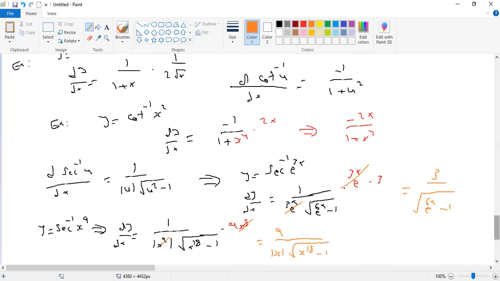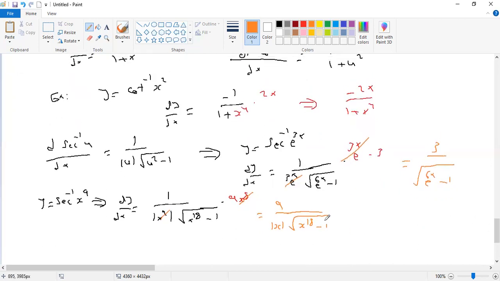Okay. Now, what about the cosecant inverse? The derivative of cosecant inverse of u with respect to x is the same as secant inverse but negative: negative 1 over the absolute value of u, times the square root of u squared minus 1.